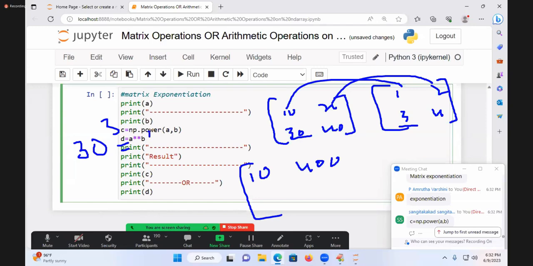Stop it. Stop it, I said. 30 into 30 into 30. So simple. Even a child will say 3 3s are 27 and 3 zeros. When I asked you 30 to the power of 3, you are saying 9.